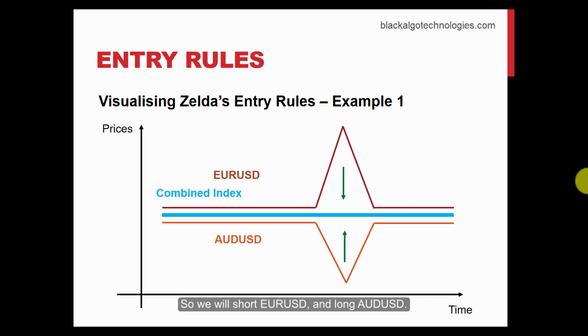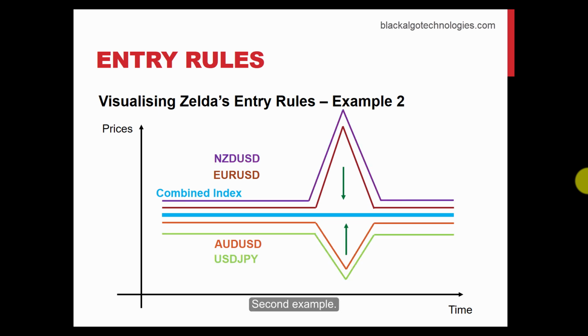So we were short Euro USD, long Aussie USD. Second example, in this case, NZD USD and Euro USD deviate on the positive side. Aussie USD and USD yen deviate on the negative side. So we're short the Kiwi and Euro, and we're long the Aussie and the yen.